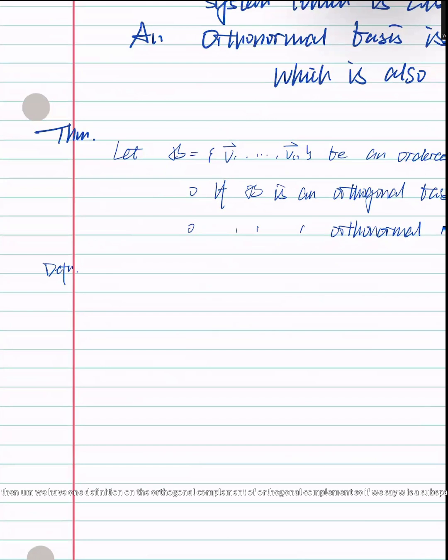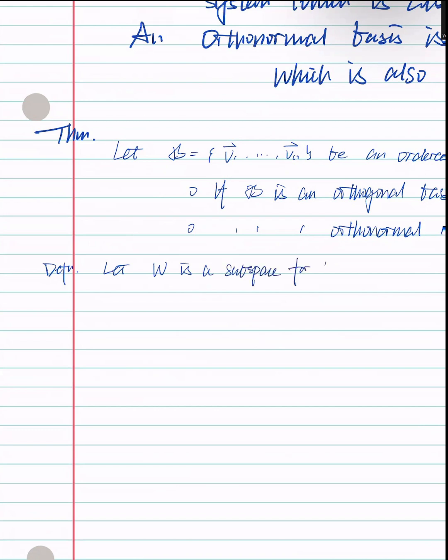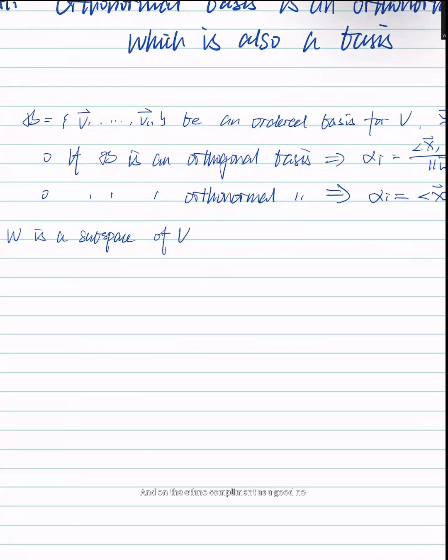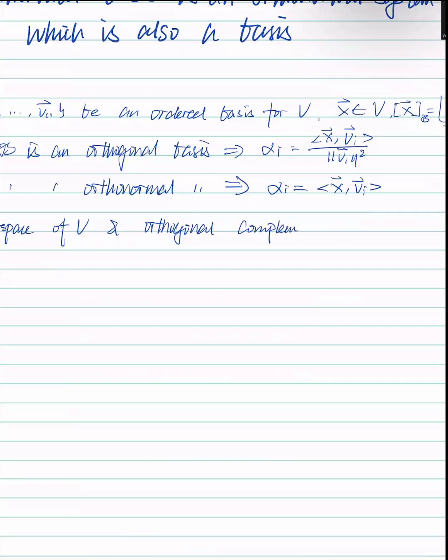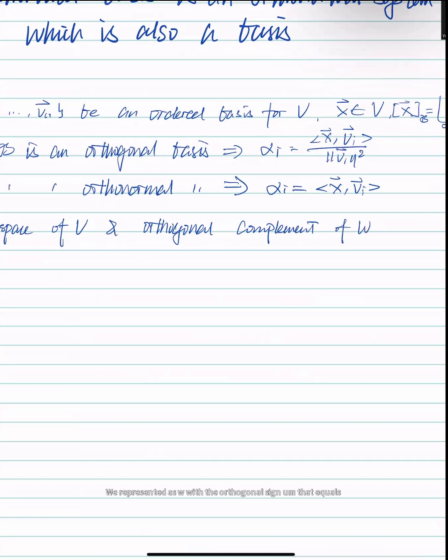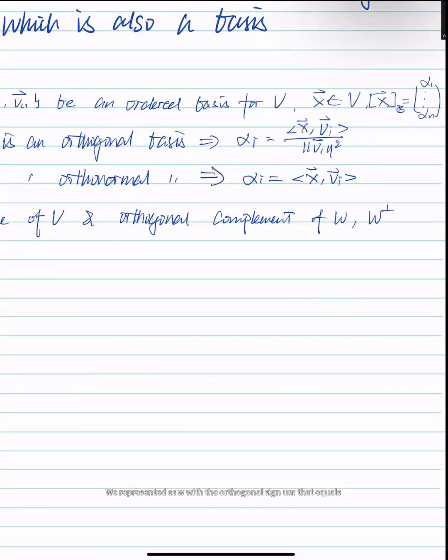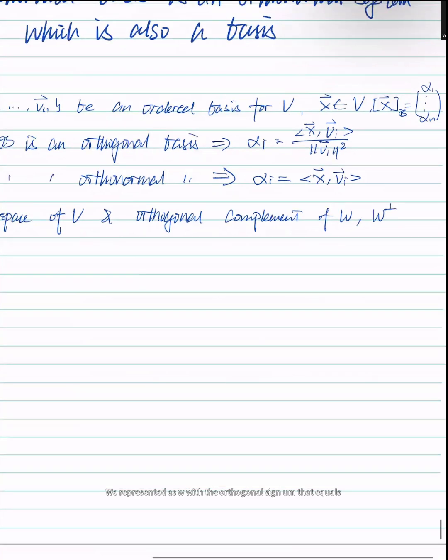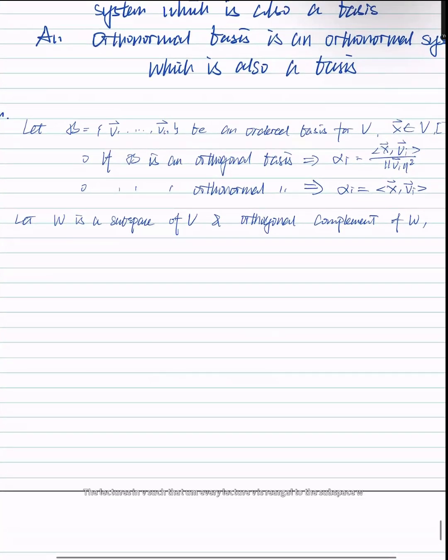If W is a subspace of V, the orthogonal complement, which we represent as W with the orthogonal sign, equals the set of vectors in V such that every vector is orthogonal to the subspace W.